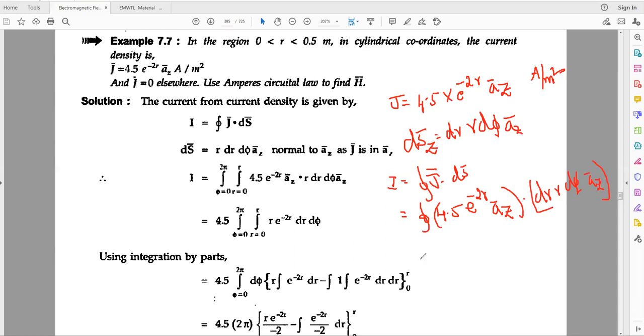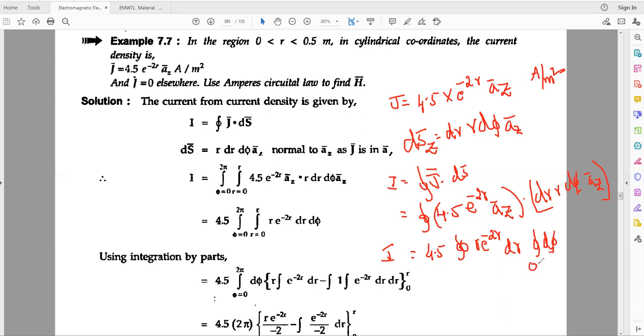AZ bar dot AZ bar is equal to 1. So we need to find the current I is equal to 4.5, which is a constant, and the integral of two terms: r into e power minus 2r dr, and the integral of d phi.